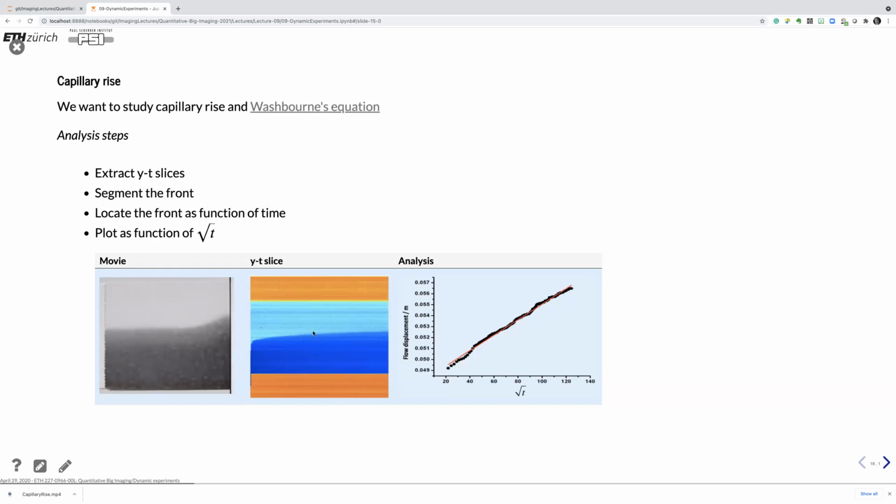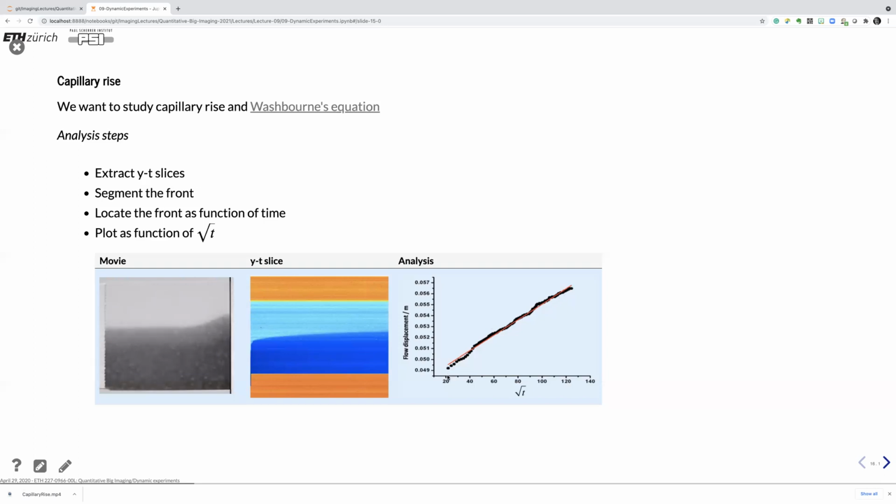If we extract here an x-time slice, we can see the front going up like this. To get this front position, we can do a very simple segmentation. I think I used just Otsu for this segmentation, and it worked pretty fine. The next step is to locate the front edge and get the position for each time point. This will then be plotted and fitted.